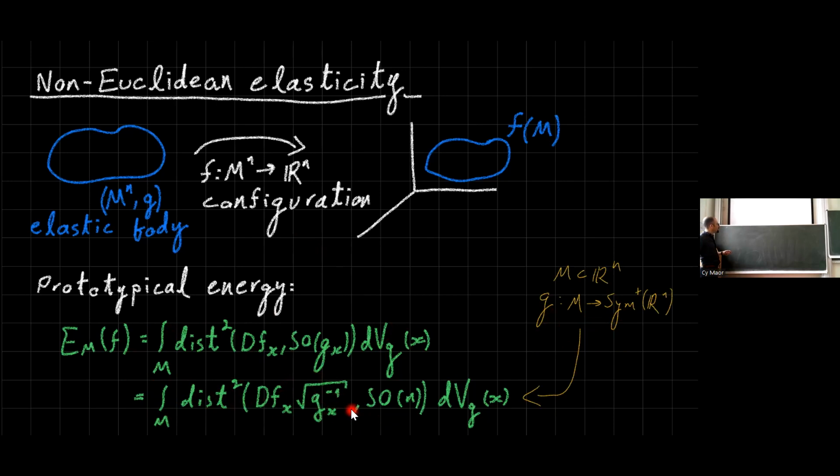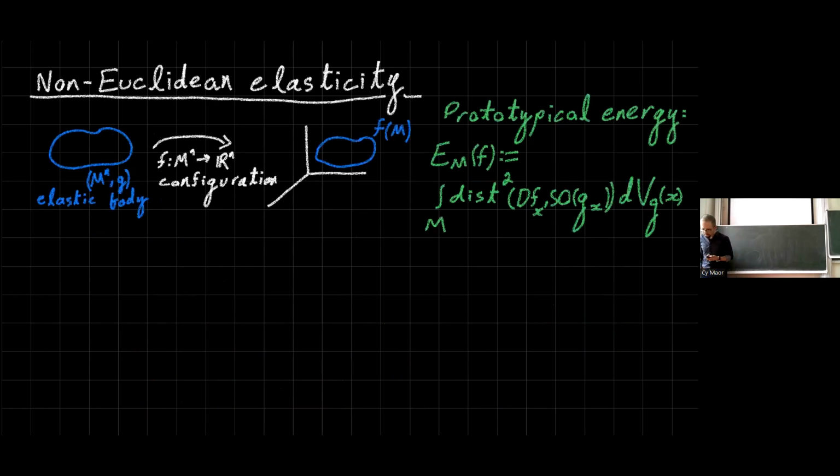Okay, so it's similar to what we had before, only at each point the zero energy mode depends really on x through G.